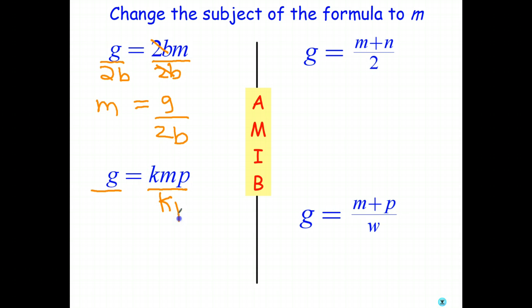So I can divide both sides by kp. The k's cancel out, the p's cancel out, and that leaves me with m equals g over kp. So these two factors don't have to be next to each other to divide them out. They can be separated.